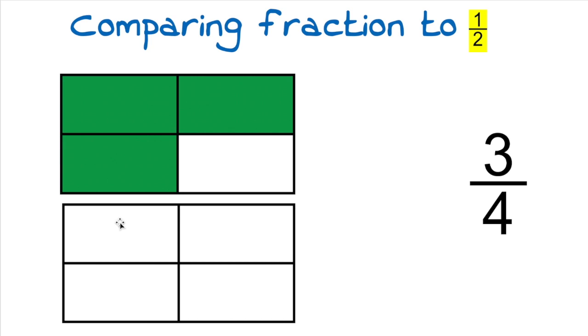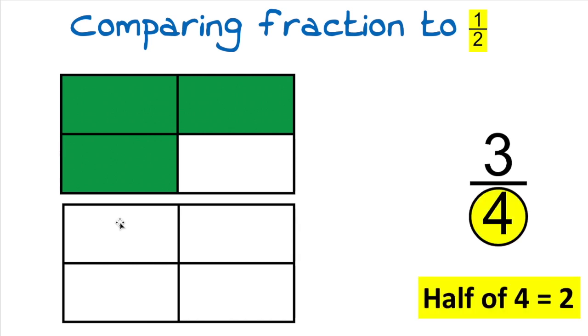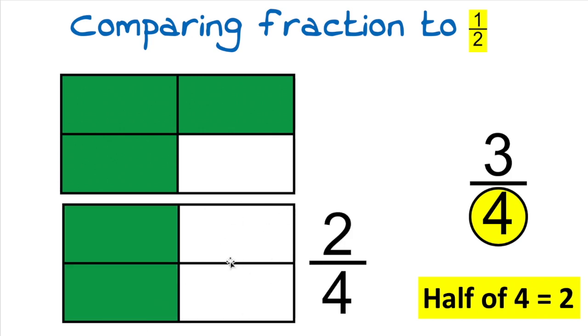I bet you are already thinking about the correct answer to that. Half of 4 is 2, right? If I cut 4 items in half, if I split them into 2 equal parts, I would have 2 over here and 2 over here. That would be half. So I can color in 2/4 of this shape because that's half of this shape.